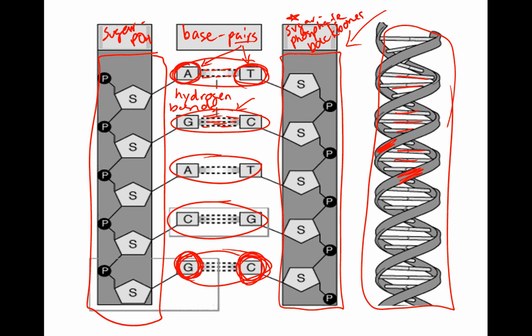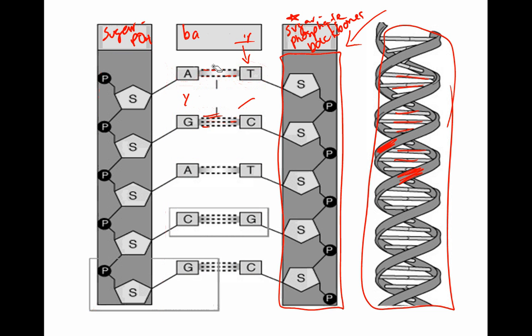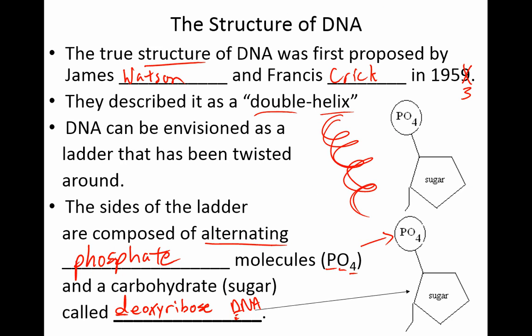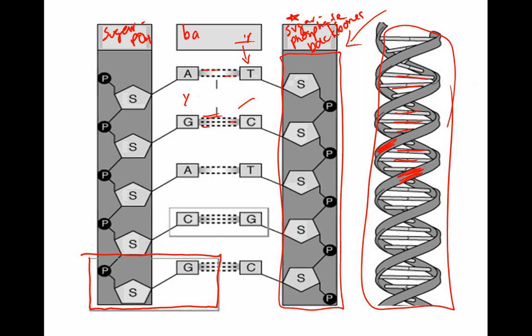So there's one more thing that I want you to be able to show me on a model of DNA, and that is the building block, or the monomer of the DNA molecule. So if you will, look down here at the bottom left-hand corner, you see this box that is enclosing one phosphate molecule, one sugar molecule, deoxyribose, and one base.